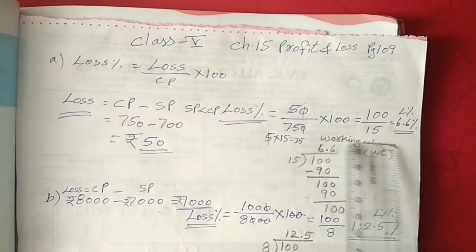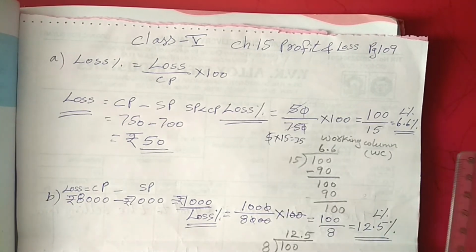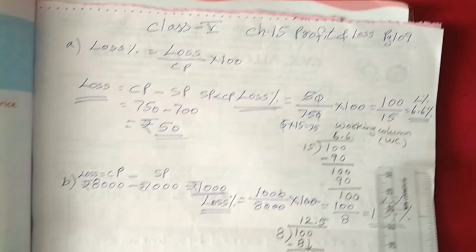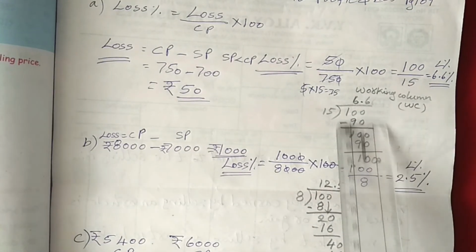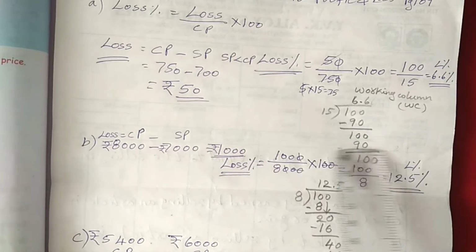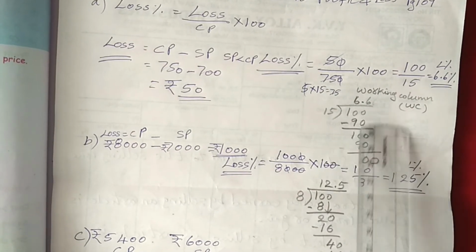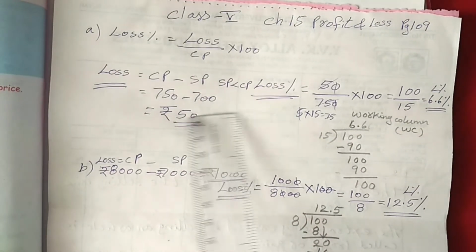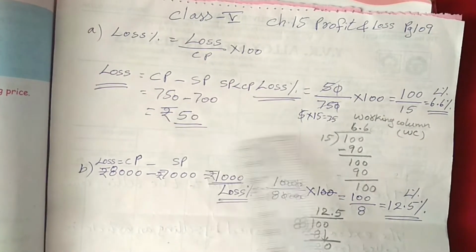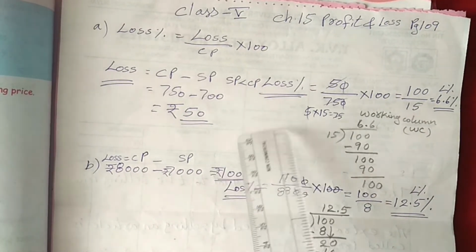If we do the division 100 by 15, we are getting 6.66 something as the loss percentage. So I am showing you the working column here. You also do it in your notebooks very neatly, with the working column, and write clearly, so that when you refer to it for your future exams, it will be easy for you to understand.